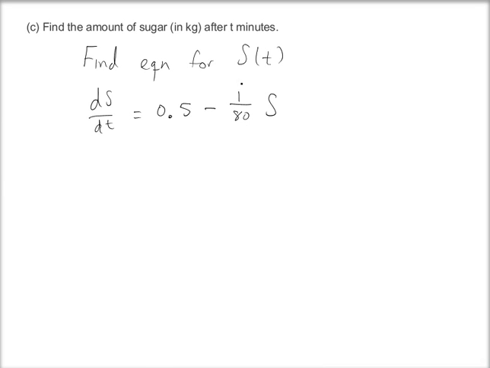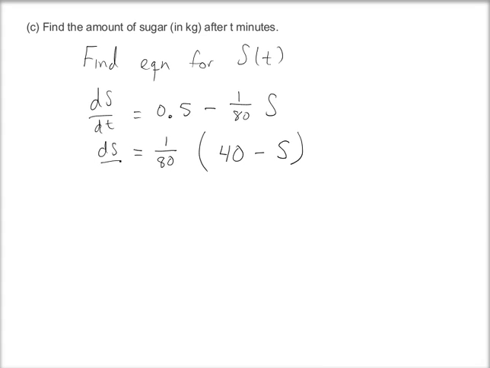The first thing I want to do is pull out this 1 over 80 from in front of the S. If I'm pulling out a 1 over 80, I need to multiply everything inside times 80. So 80 times 0.5 is going to be 40, and then minus 80 times 1 over 80 is 1, so I've just got 1s there.